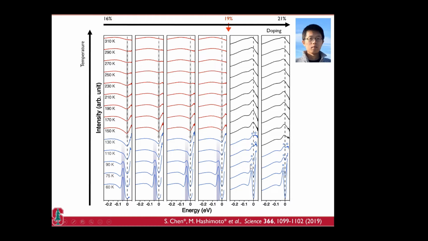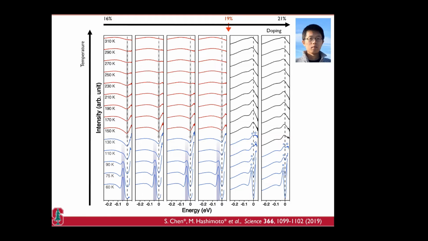You'll see that this one has a particle-hole symmetry, as you would expect in a superconductor. Now, on this side, as I go to lower and lower energy, you begin to see an edge develop, and this edge eventually develops into a quasi-particle peak.